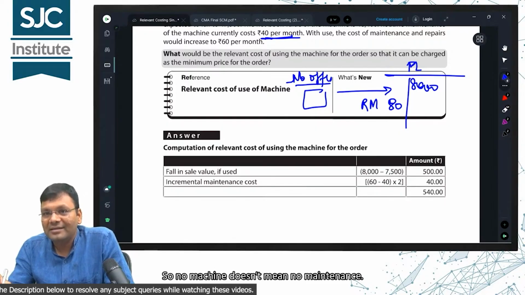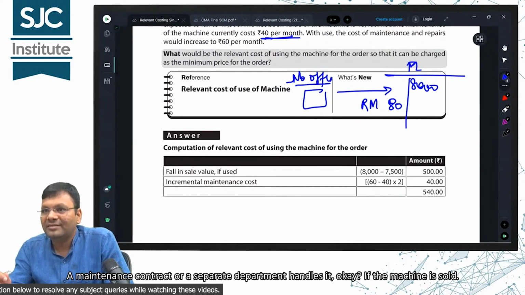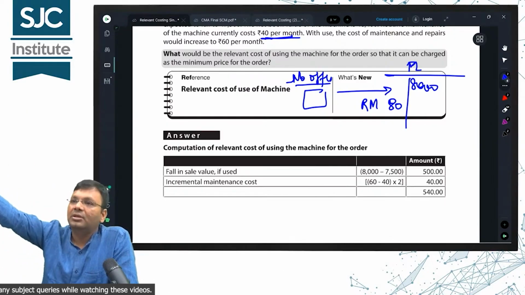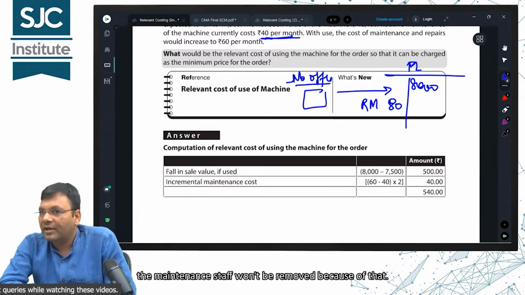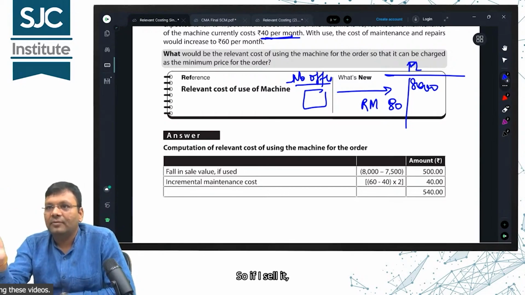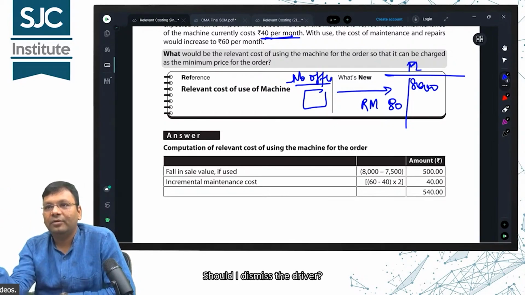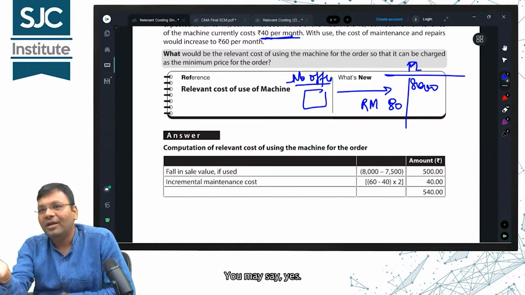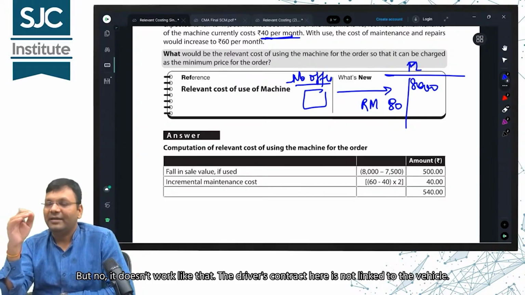Alright, so no machine doesn't mean no maintenance. A maintenance contract or a separate department handles it, okay? If the machine is sold, the maintenance staff won't be removed because of that. Alright. For example, I have a car. So if I sell it, should I dismiss the driver? You may say, yes. But no, it doesn't work like that.